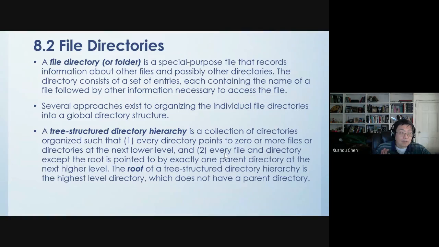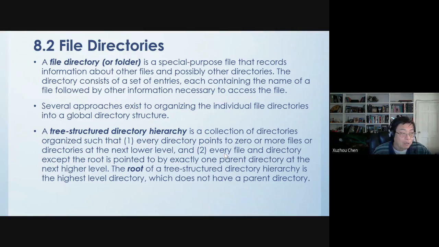So that's the file. And then there's another type of file, which does not contain any information about a specific job. It's called a file directory. In the Microsoft Windows operating system, the file directory basically shows as a folder.